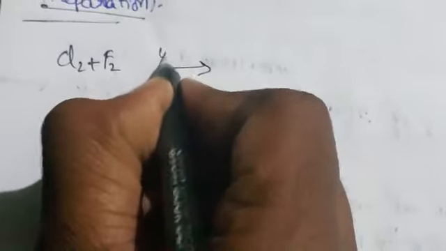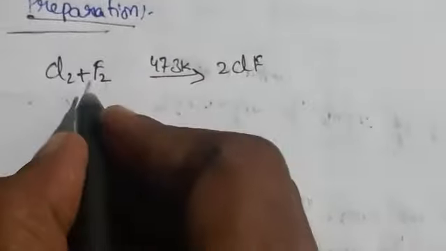Interhalogen compounds can be prepared by direct combination of the halogens, or by the reaction of a halogen with lower interhalogen compounds. It depends upon some conditions. For example, Cl2 plus F2 at 473 Kelvin gives 2ClF. So this is one of the preparations.